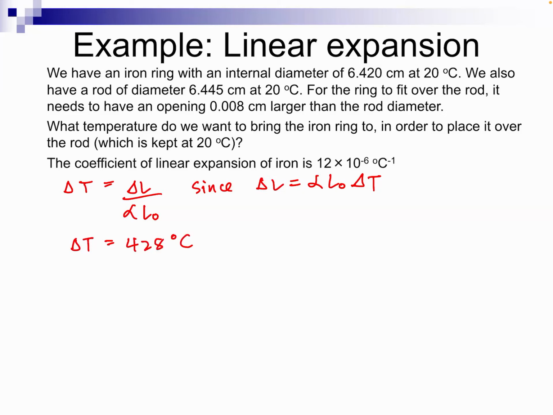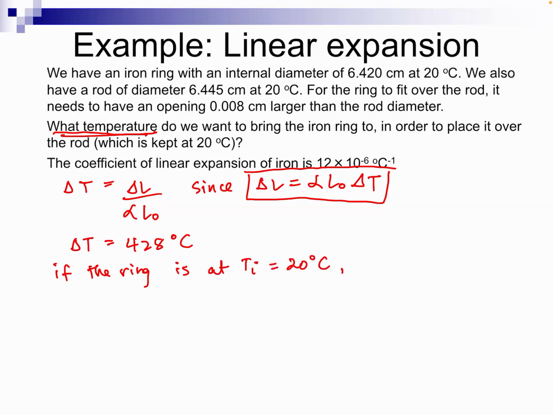What you have obtained from this equation is the change in temperature. What the question is asking is, what temperature do you need to bring the ring to? Meaning, if the ring is at the initial temperature of 20 degrees Celsius, what should be its final temperature?